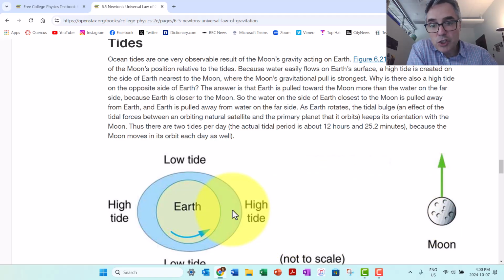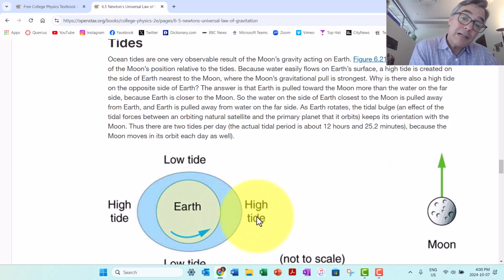So there is a stronger force of attraction of the near ocean to the moon than there is in the center of the Earth. So the entire Earth is pulled towards the moon with an acceleration which is due to the force on the Earth, but the ocean that's closer to the moon is pulled with a greater force, and so it accelerates a little more, so there's a bulge called a high tide at the side of the Earth that faces the moon.